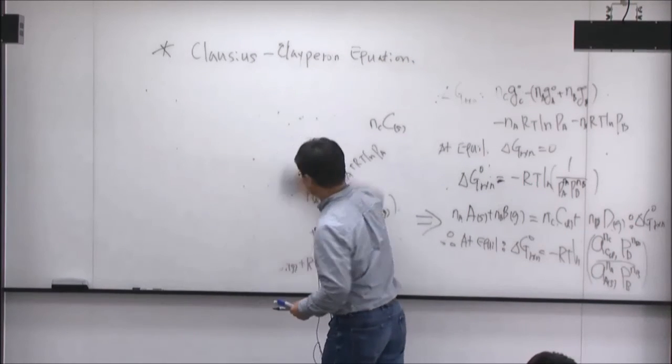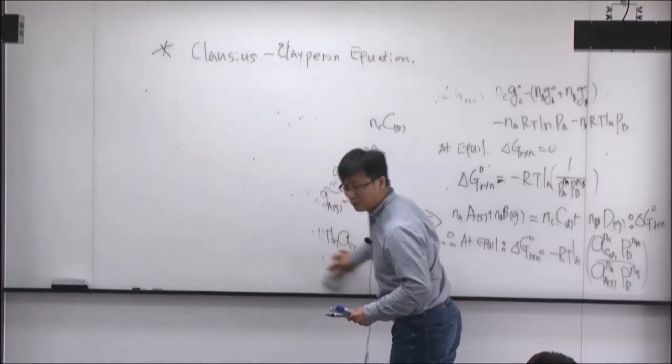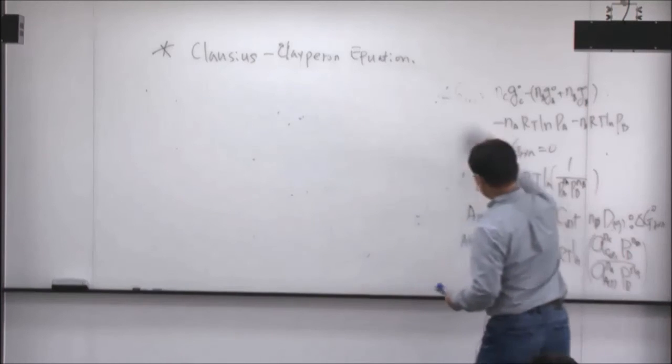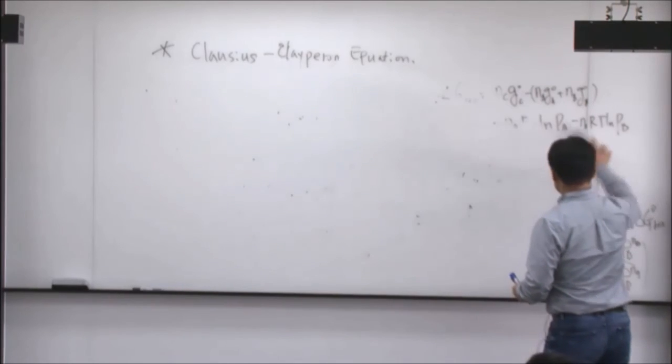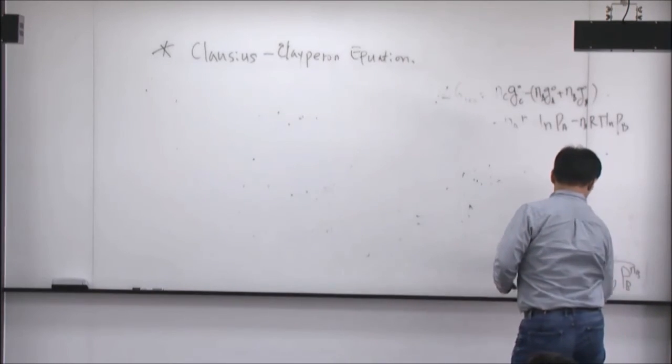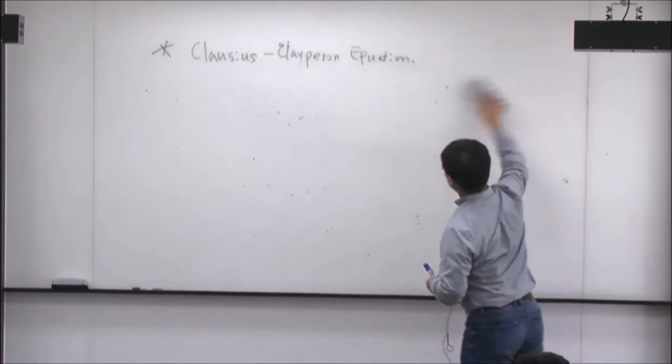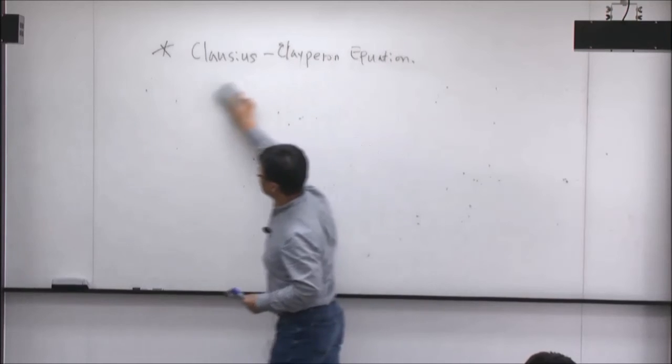I call it the CC equation, but the Clausius-Clapeyron equation. So this is an important equation for the one-component phase diagram.